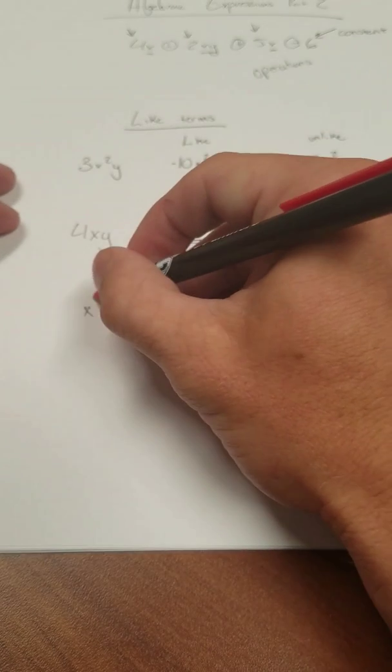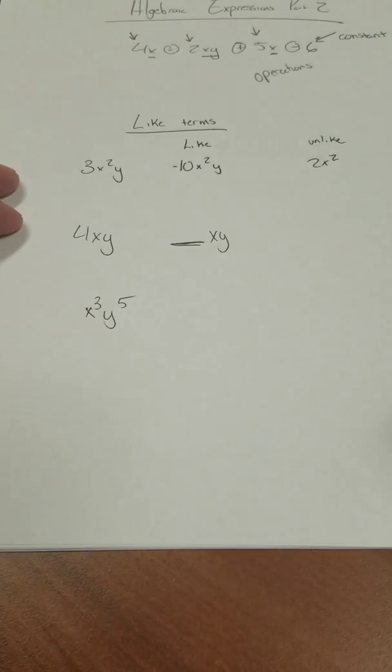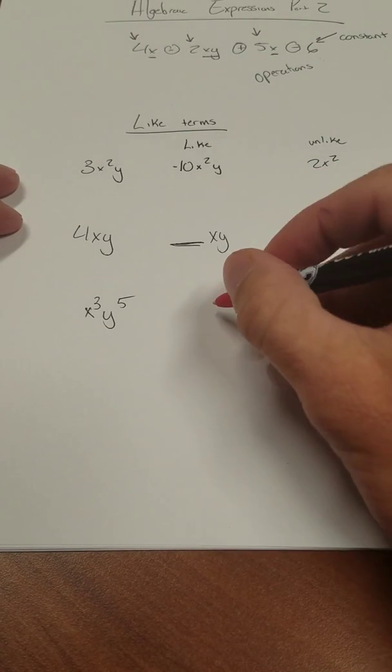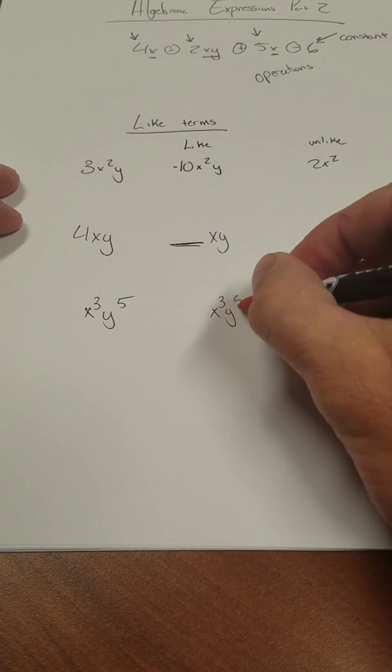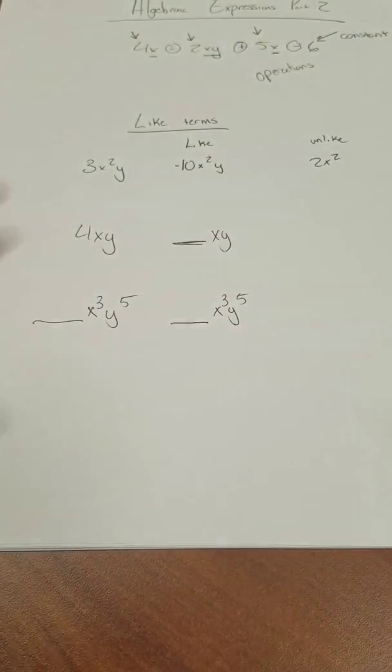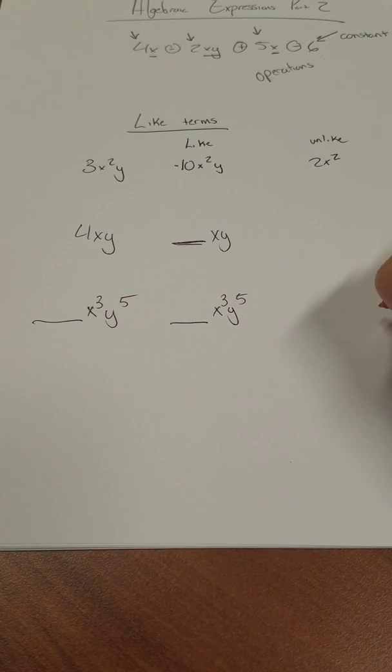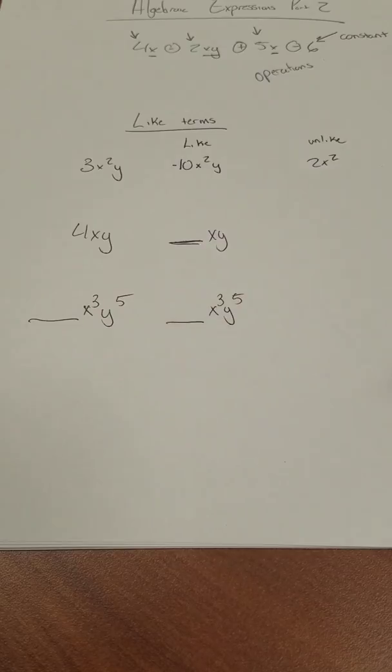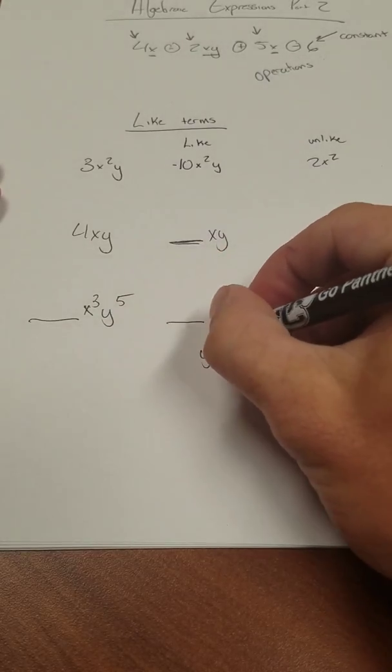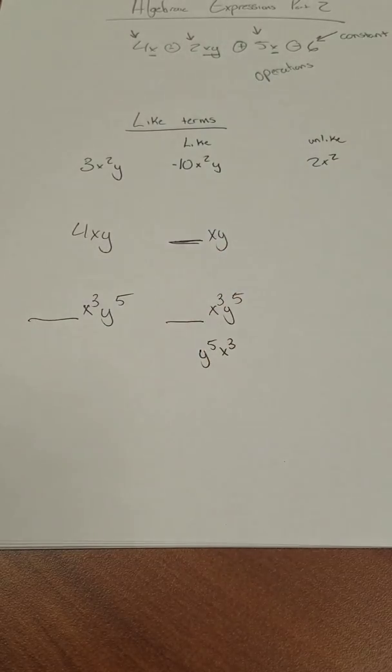If it's x cubed y to the 5th, then that means a like term is going to be x cubed y to the 5th. Doesn't matter what the coefficient is. Unlike term, anything other than that combination. Now remember, we can say it's y to the 5th, x to the 3rd. That's the same. Okay, you can swap those around, but it has to have the x to the 3 and y to the 5th, and absolutely nothing else with it.